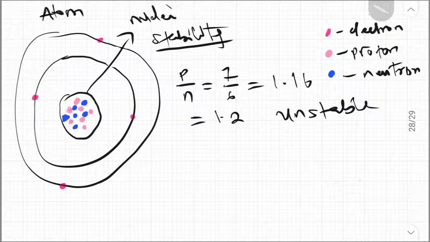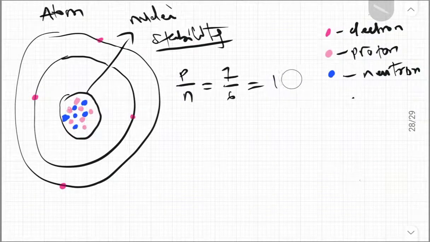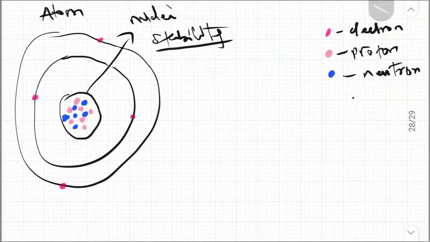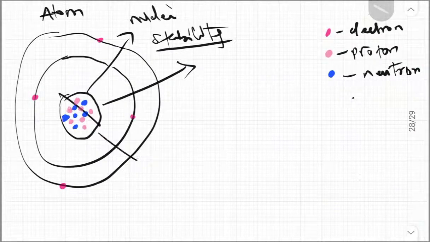All right, so let's depict that. We're going to assume some things here. So this atom is going to divide, so it's going to split into 2, right? One is going to go this way, one is going to go this way.